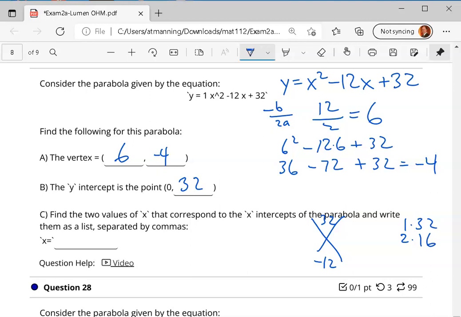There's no factor 3. 4 times 8. Oh, look at that, 4 and 8. I have a negative 4 and a negative 8. Multiplied, they give me 32. Added, they give me negative 12. So I know that's going to factor to (x minus 4) times (x minus 8).